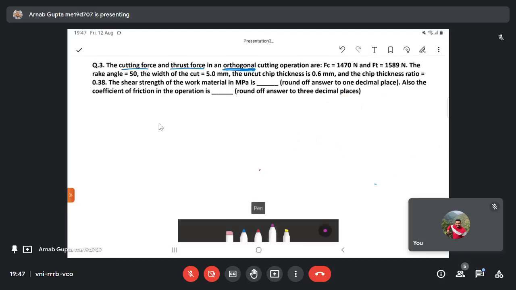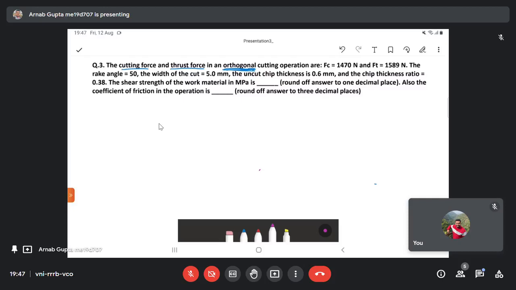It won't take time, believe me. If you are new to this, initially you will take some time to understand and draw it. But once you practice a good number of problems on the dynamics of machining, it won't be difficult. It will be easy rather.